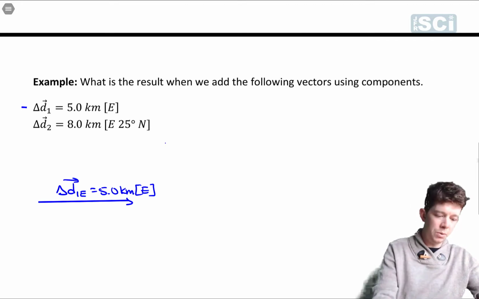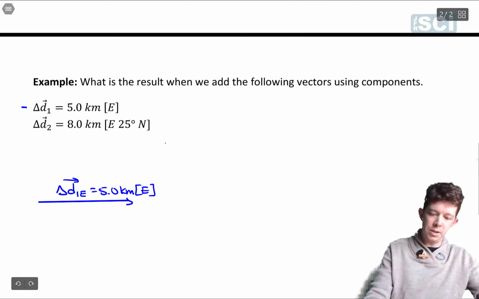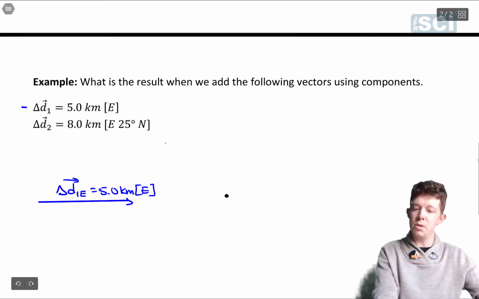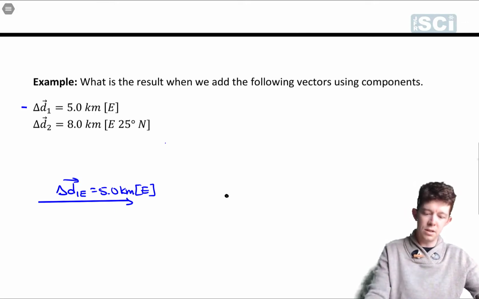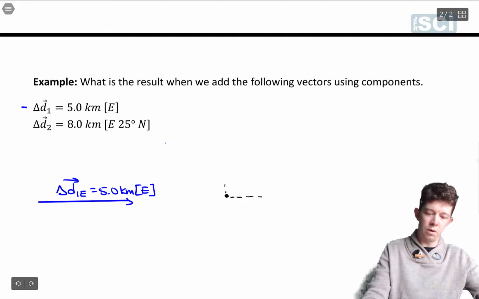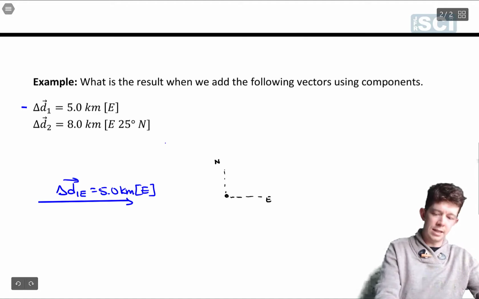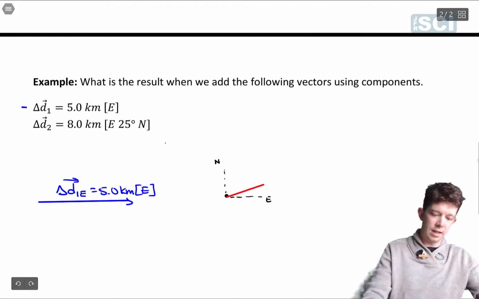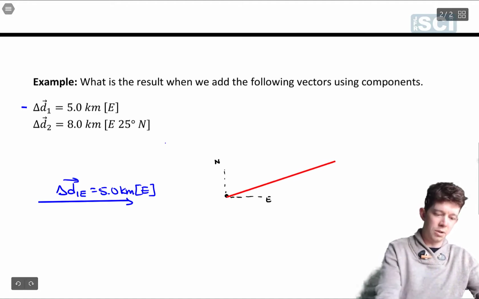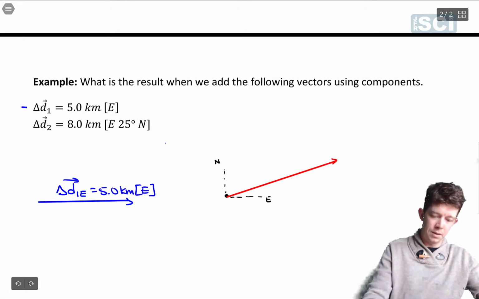But D2, if we look at D2, it's going to start from here. It's 8 kilometers long, and it's east 25 degrees north. So if this is east direction and this is the north direction, it's acting kind of like this. It's 8 kilometers long. So this is what I'm going to call D2, and it has a length of 8.0 kilometers.